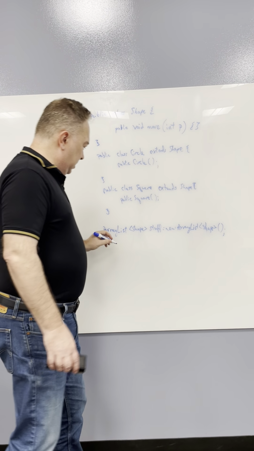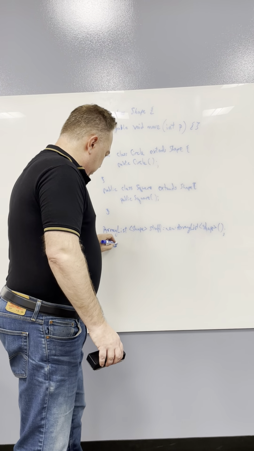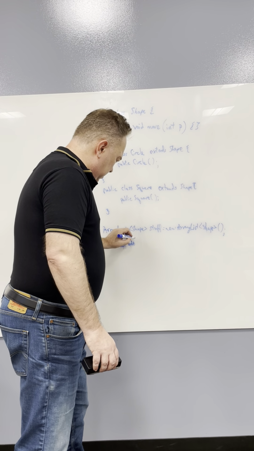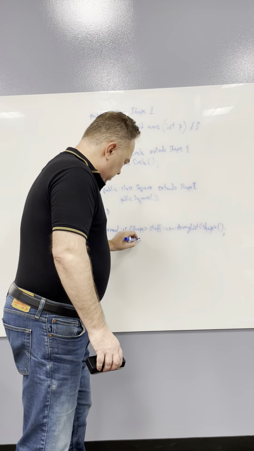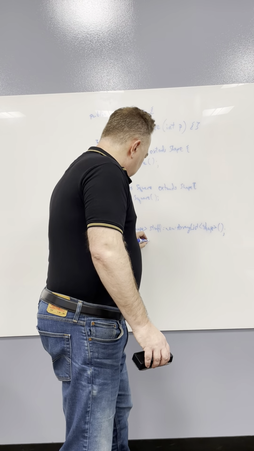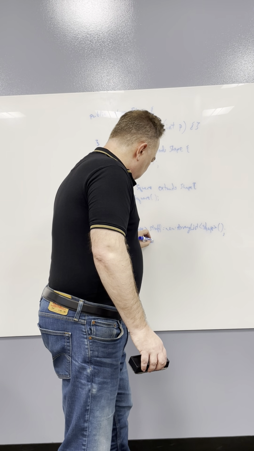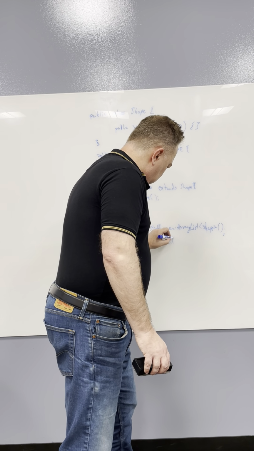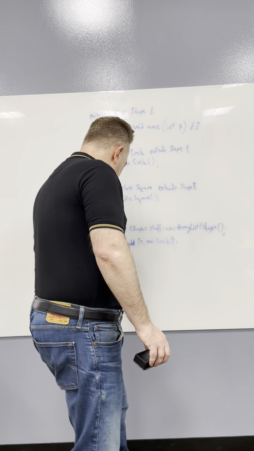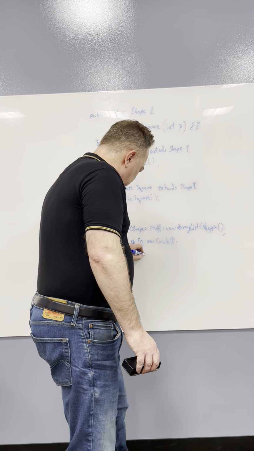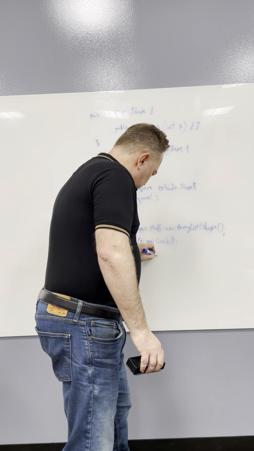Okay, so then I can say stuff add 0 new circle, stuff add 1 new square.